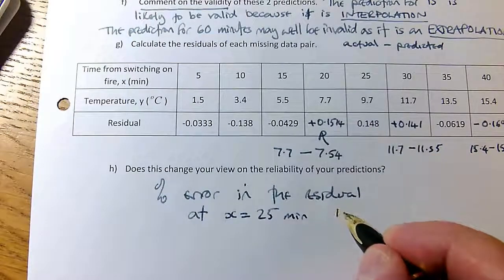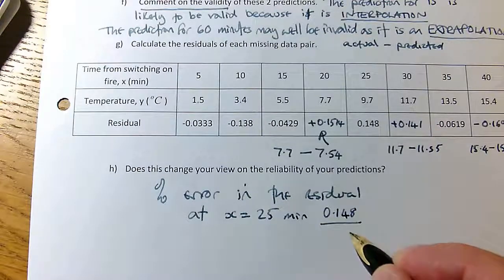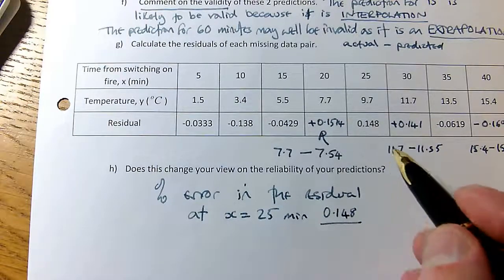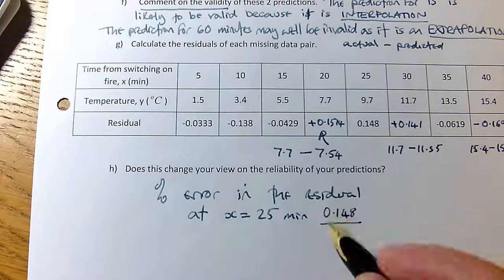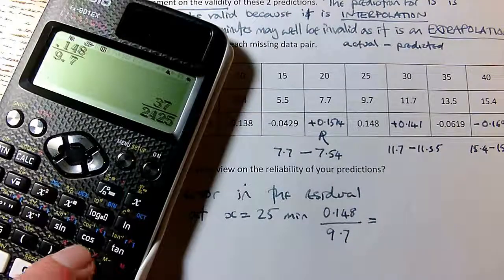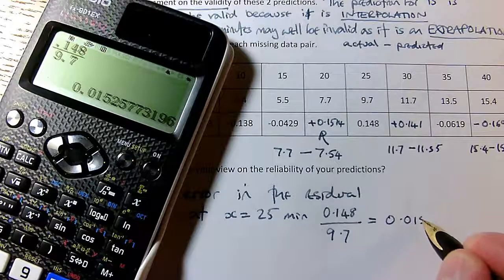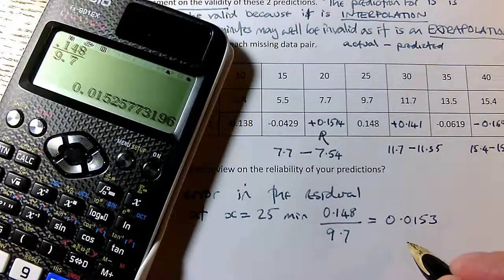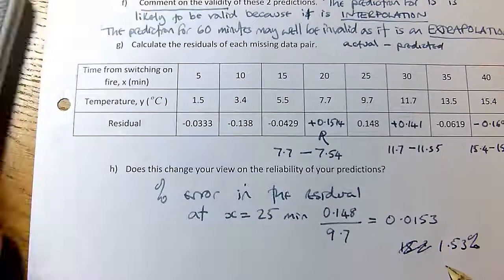So the residual, 0.148, expressed as a percentage of the real value. So the real value for this was 9.7. So 0.148 over 9.7, the percentage error in that is, there it is as a decimal, 0.0153, so it's 1.53%, okay, so that's a very low percentage error.